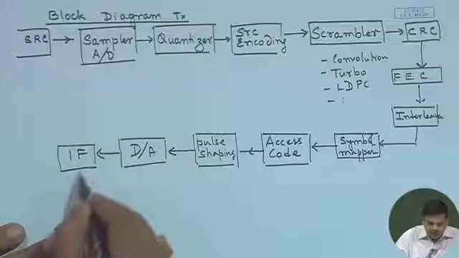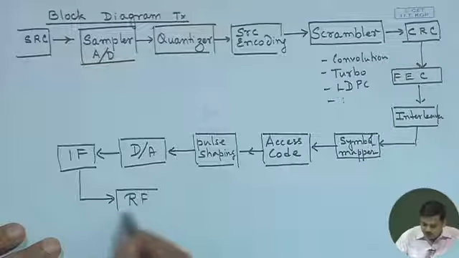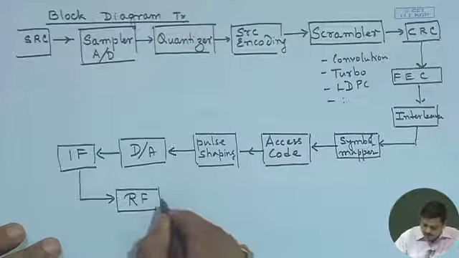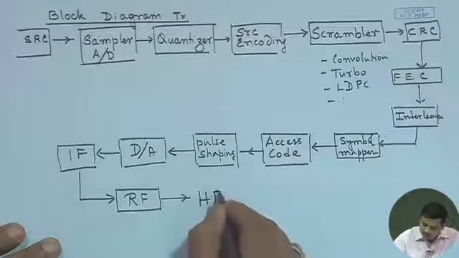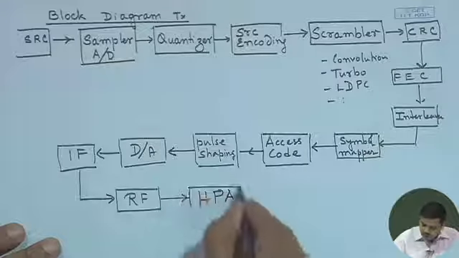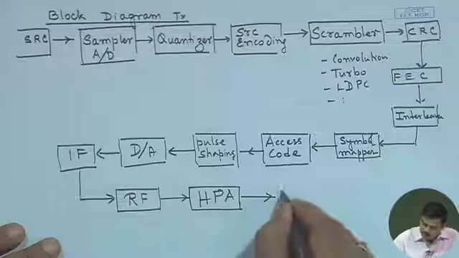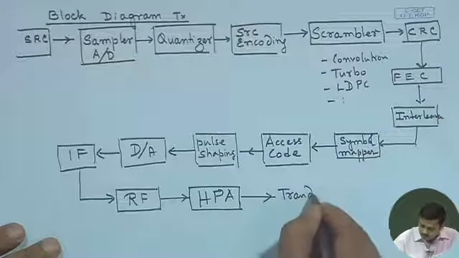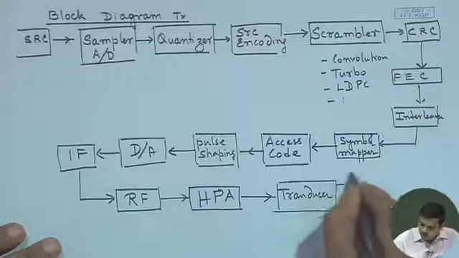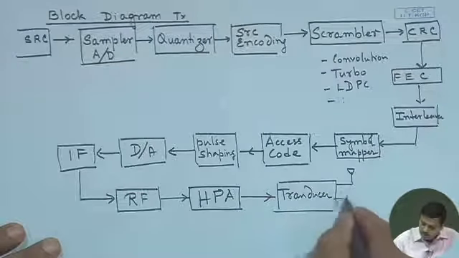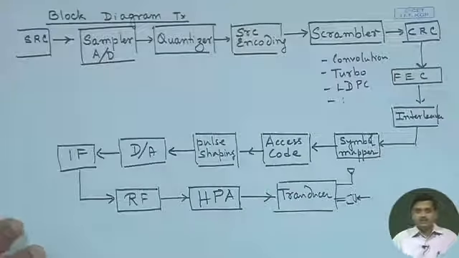So, it begins with the IF section, up conversion, then there will be in the RF the radio frequency section, where you go to the particular carrier frequency, and there would be the high power amplifier, which would amplify the signal to the desired level, so that it meets the link budget, and then there would be the transducer. The transducer, one of the common examples of the transducer could be the antenna or the kind of coupler which may be used to connect to the next sequence.